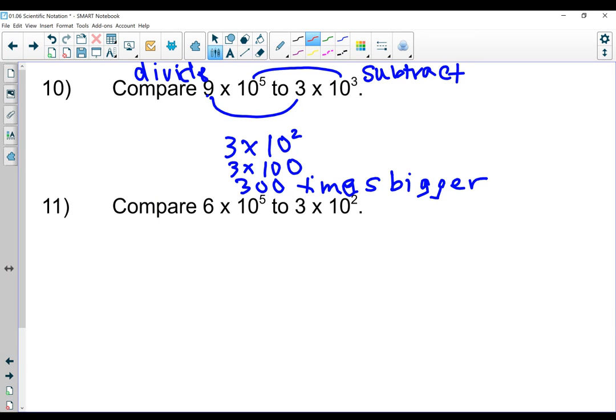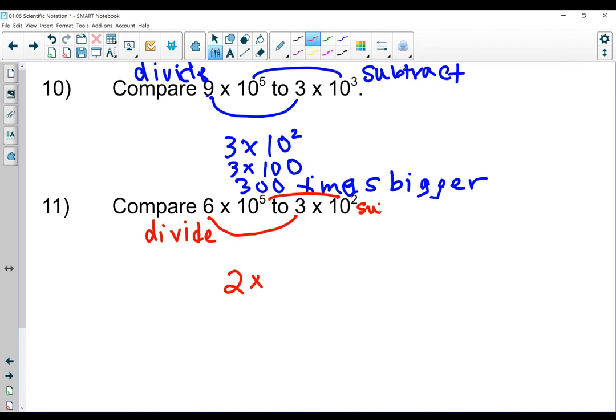We'll do the same thing on 11. I want to look at the 6 versus the 3 and figure out how many times bigger, and that's 2 times bigger. So the 6 and the 3 we're dividing again. And then we're looking at 10 to the 5th versus 10 squared. We want to know how many bigger places that would be. So that means we're going to be subtracting.